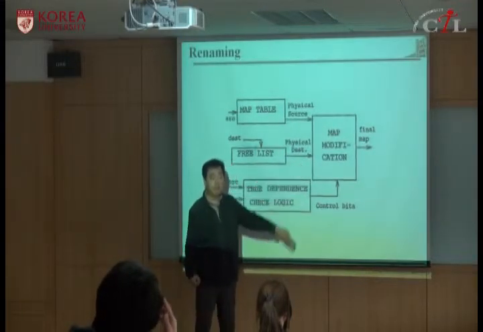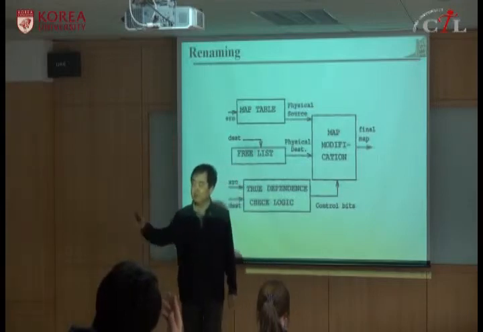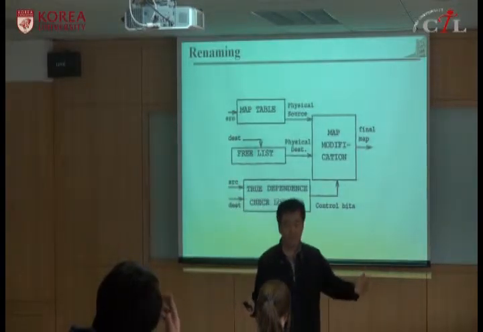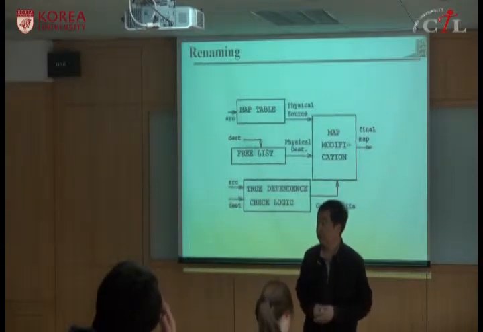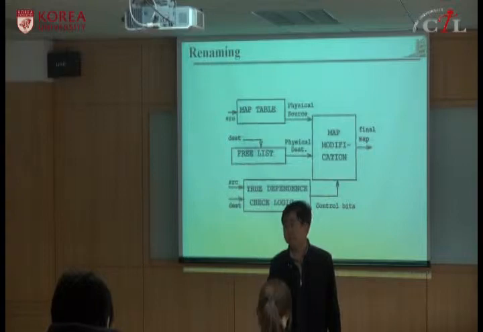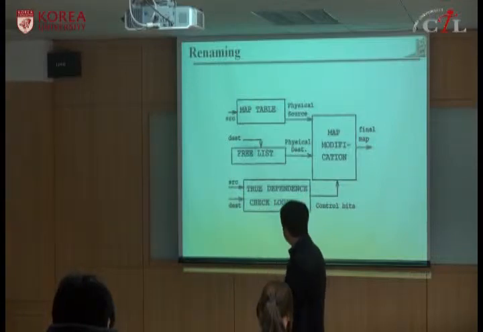So every time you are trying to write, let's say you are trying to write R1, you look at this physical register file, there are some free available registers, and you allocate maybe physical register P17. This is the first physical register you allocate. Whatever.